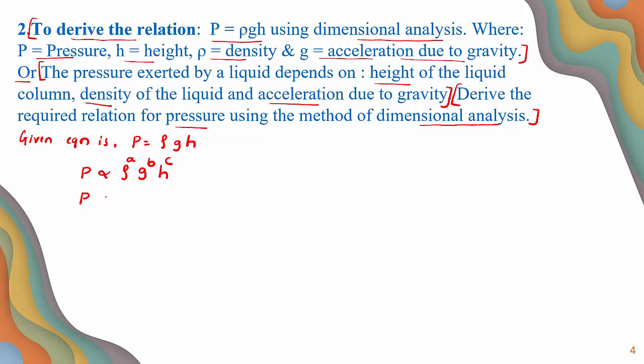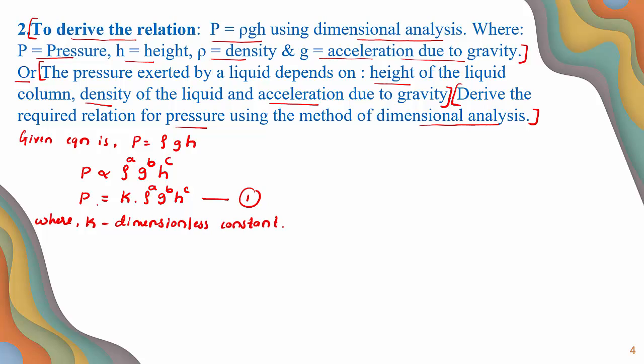Or this equation can be written as P equal to proportionality constant K into rho raised to A, G raised to B, H raised to C. So this equation we can consider as equation number 1, where K is a dimensionless constant.